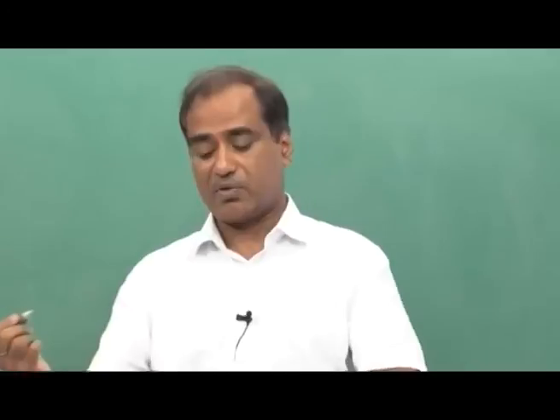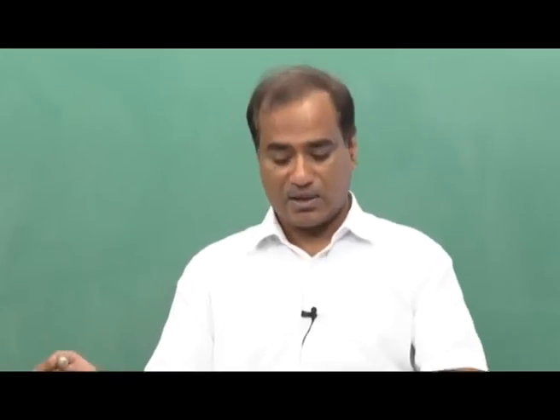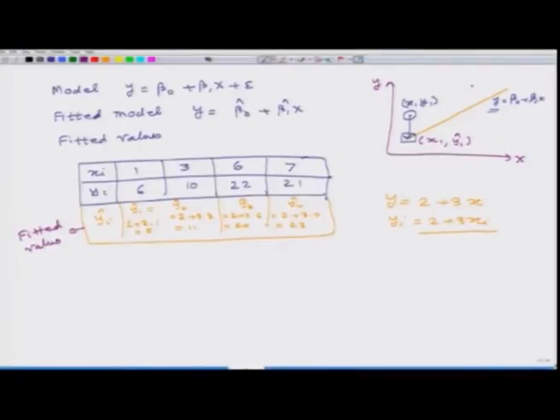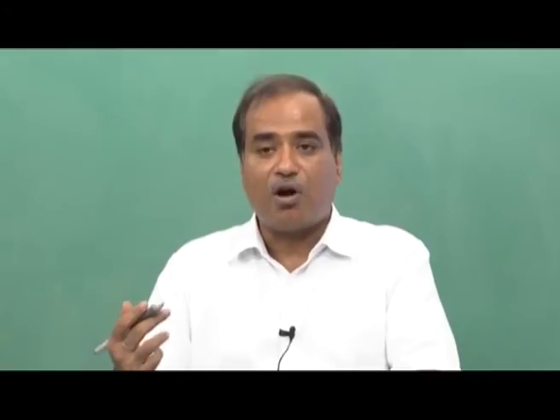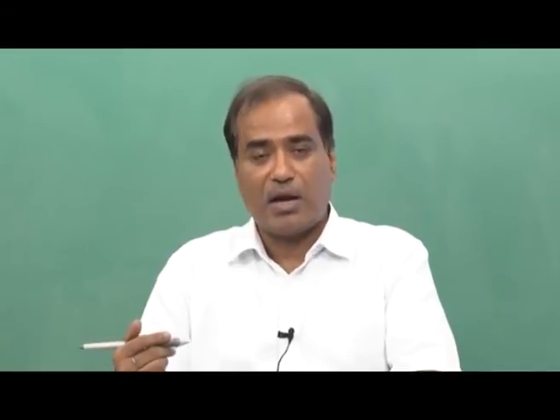If you observe what these values are, I have simply fitted the model on the basis of the given set of data, then using the given values of xi, I am trying to obtain the values of yi, which are yi hat. So yi hats are the values of y which are obtained from the model, and they are called fitted values.